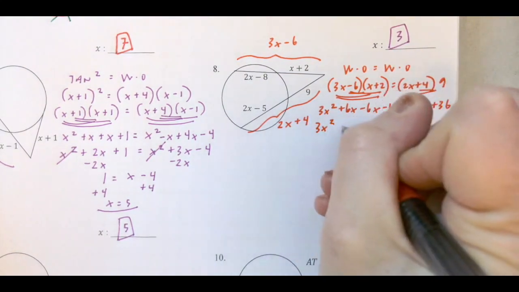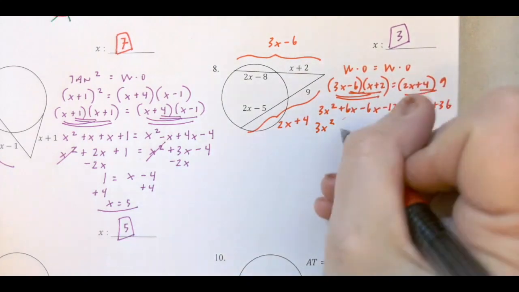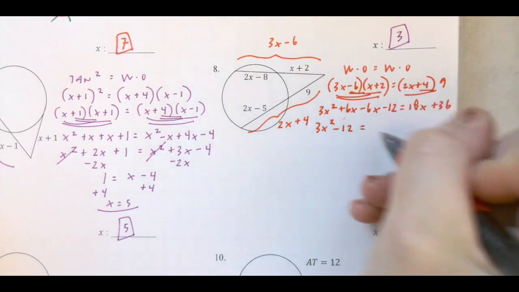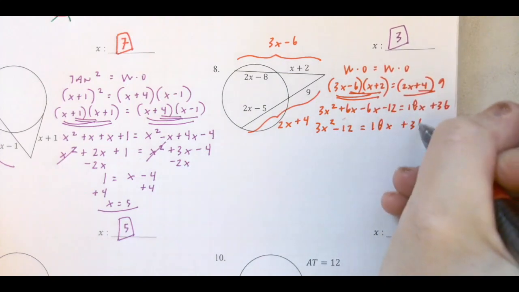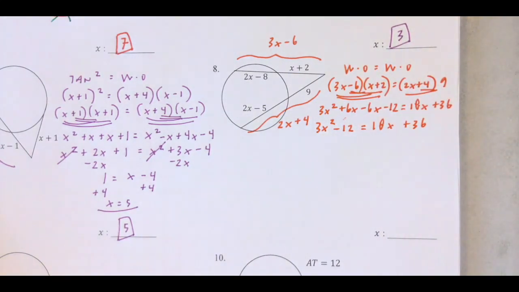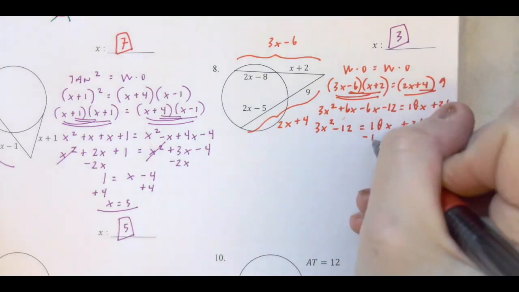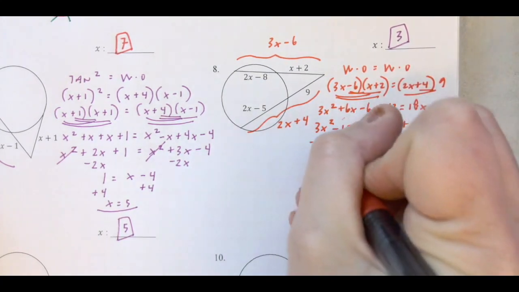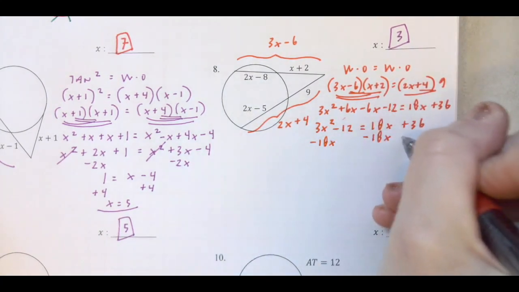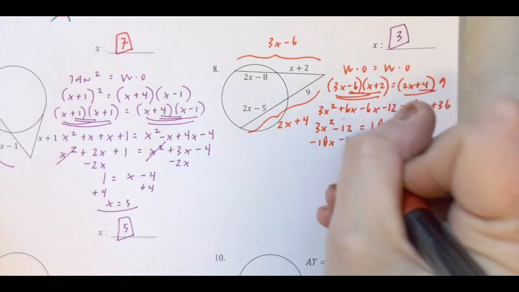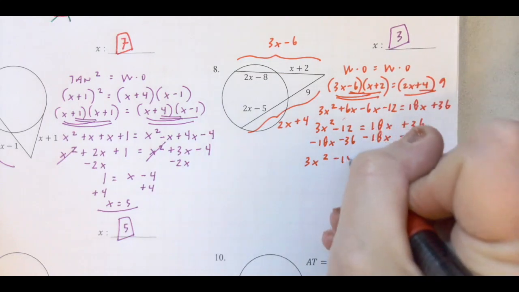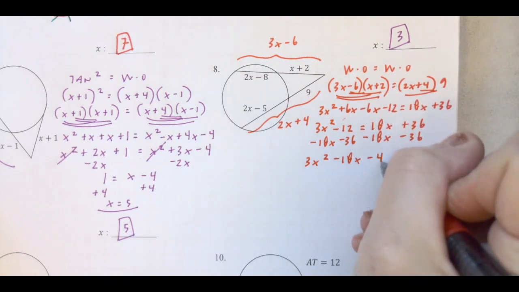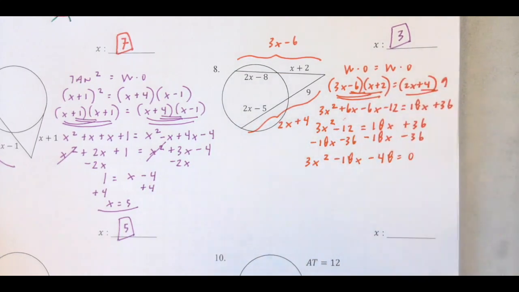So 3x squared, those x's are going to just cancel away, minus 12 equals 18x plus 36. Okay, let's pull everything to the left, make it equal to 0. So I'll subtract the 18x, and I'll take away the 36 as well. So 3x squared minus 18x minus 48, all equal to 0.